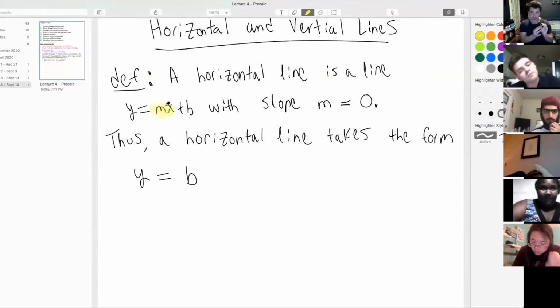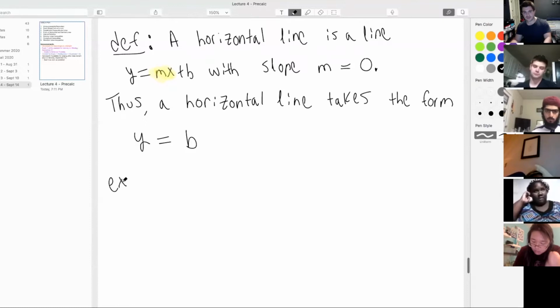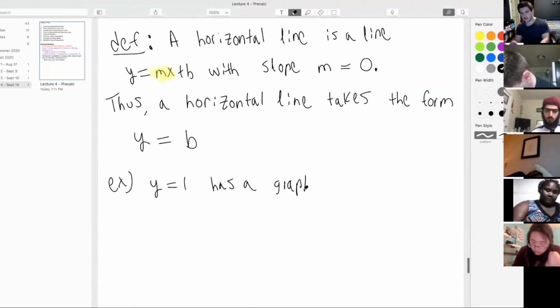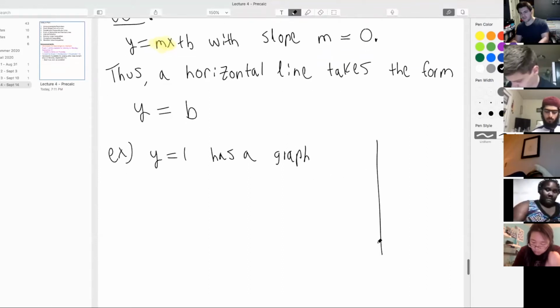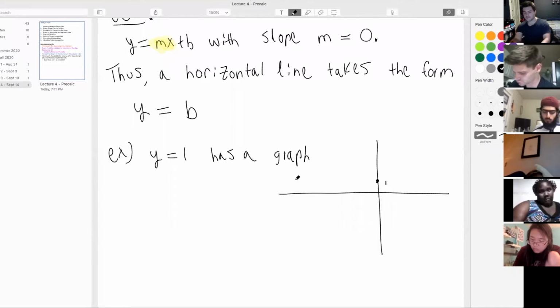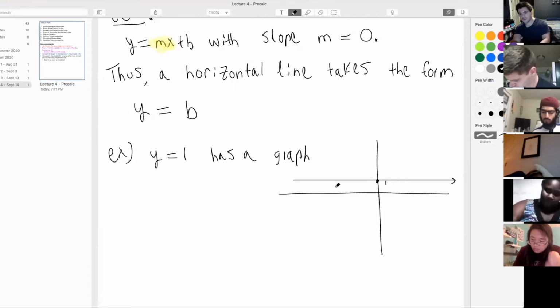There's no x term because m is 0, so that goes away, and you're just left with y equals b. Just a very quick example: y equals 1. The graph of this is just a horizontal line that passes through the point 0, comma 1. It just looks like that.